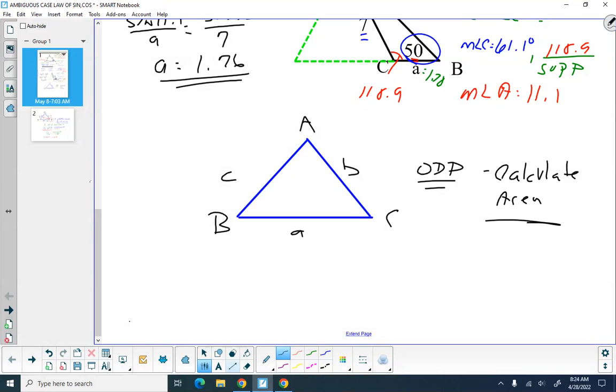Now, all your angles are in degrees and minutes. Remember what you have to do with minutes. In problem number 3, you have angle C is 23 degrees 50 minutes.